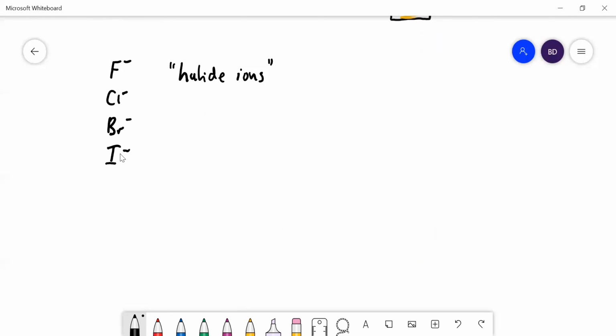Now, if you think of it as a series of little equilibria, I'll do fluorine first. Fluorine has a tendency to accept 2 electrons to form the fluoride ion.